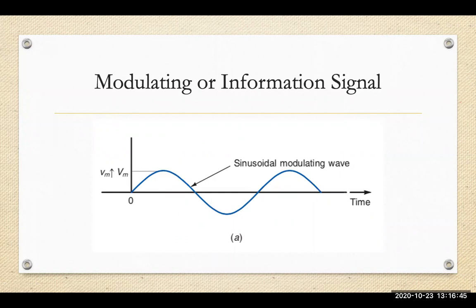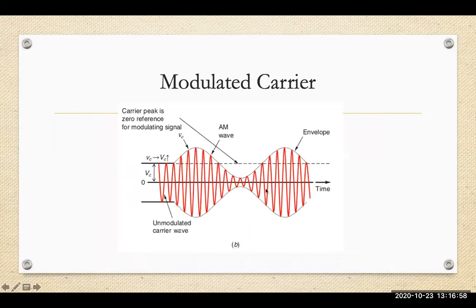The carrier frequency remains constant during the modulation process. Pero yung amplitude niya, yun yung nagva-vary in accordance dun sa modulating signal natin. Okay? Kaya ito yung lalabas, 'di ba? Constant yung ating carrier but nagva-vary lang yung amplitude niyan pag nag-undergo na siya ng modulation process. Okay?